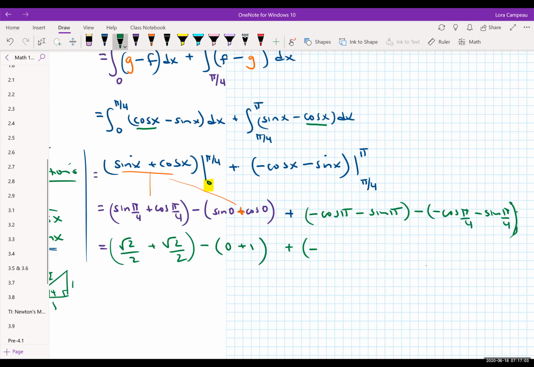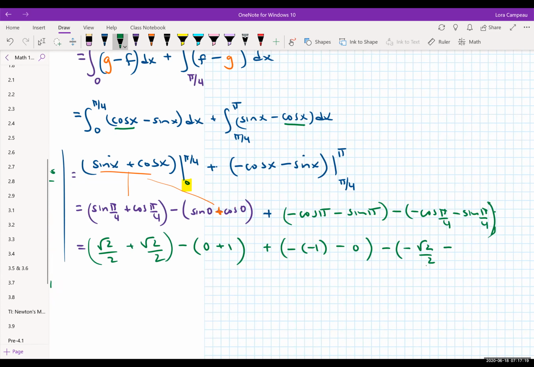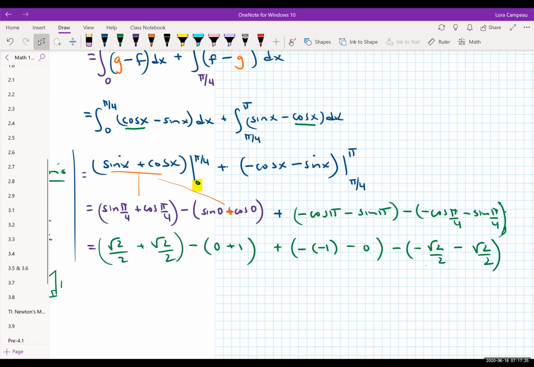Cosine of pi is negative 1. Sine of pi is 0. And cosine of pi over 4, but there's a negative, so we have negative square root of 2 over 2. Same thing with sine of pi over 4, minus square root of 2 over 2. So we're just plugging in all these values. Let's clean it up a bit. So what do we have here?